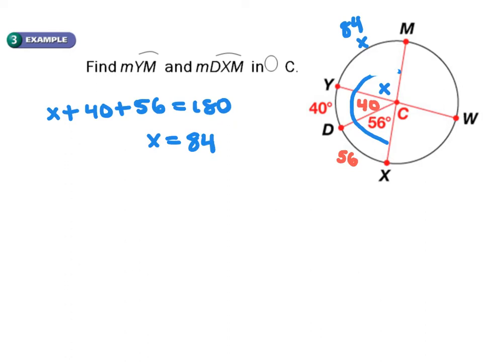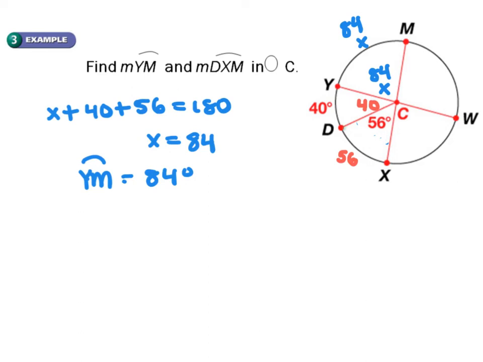If I erase the extra blue I have here, this arc should also equal 84. So arc YM equals 84 degrees.